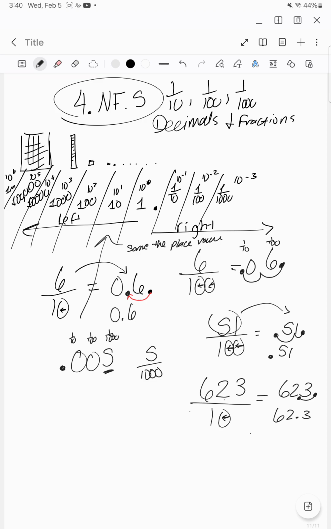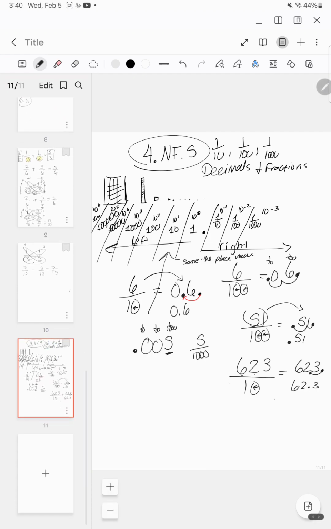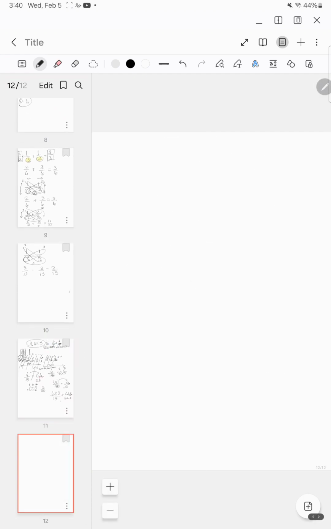Now, another thing that you will see with 4.NF.5 is using fraction models. So, for example, I'm just going to try to draw a block here, and I go, so what I'm trying to do is make a 10, and I go 1, 2, 3, 4, 5, 6, 7, 8, 9, 10.